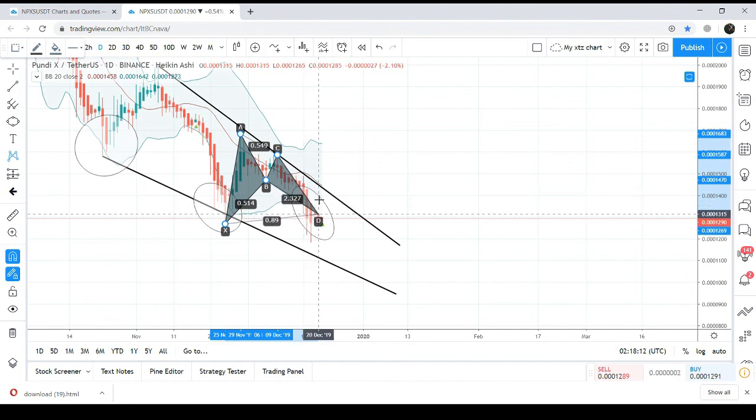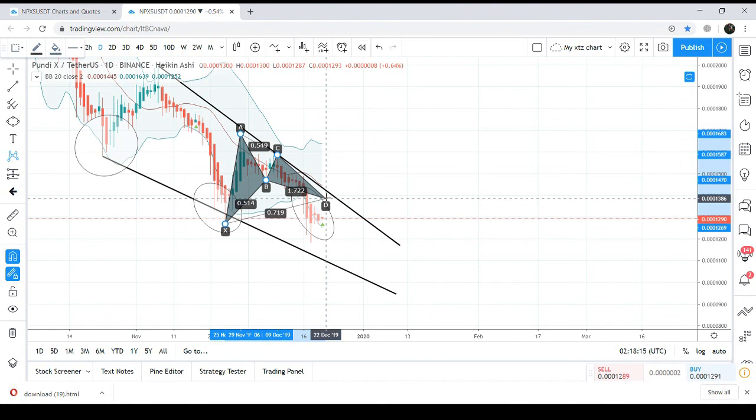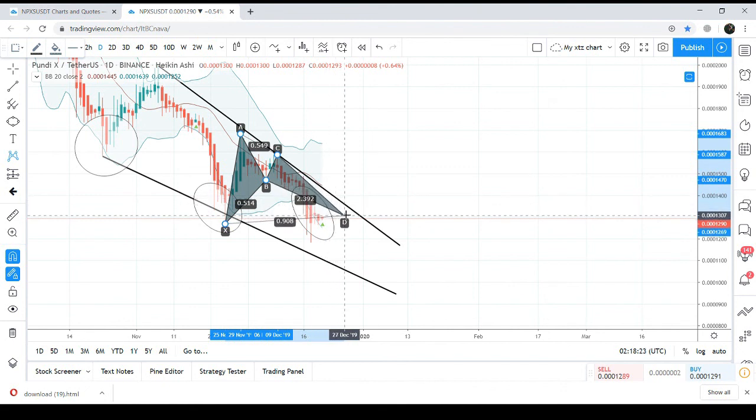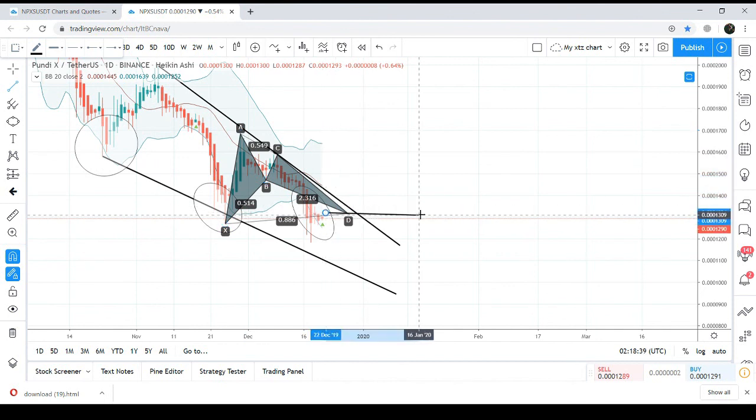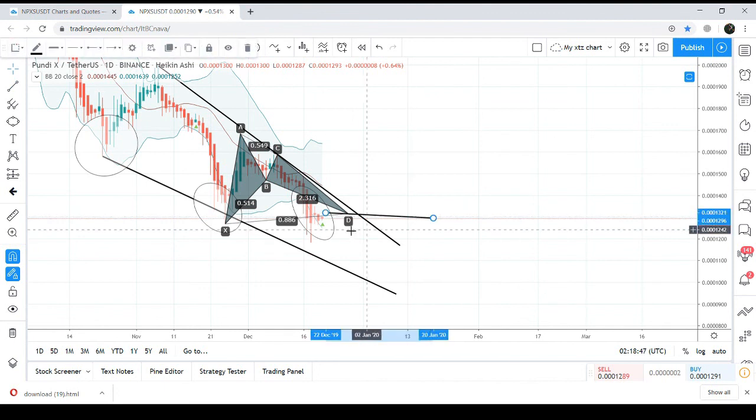One is it can be a bullish bat pattern, but with a slight difference in the price action, like the final leg should be up to 0.886 Fibonacci, almost up to here. But we can see that some of the candlesticks closed slightly lower than the potential reversal zone of this bullish bat pattern. So if we ignore this little difference, then it can be a bat pattern.